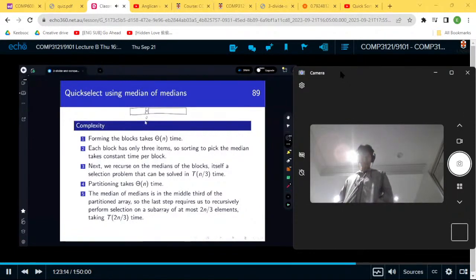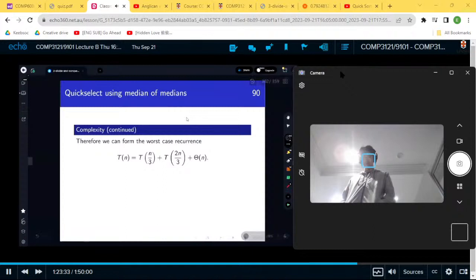So when we now look at finding position k, maybe we have to look at this big part of the array, which still has size roughly 2/3. Okay. So the running time that we get is T of n-thirds plus T of 2n-thirds plus big theta of n.